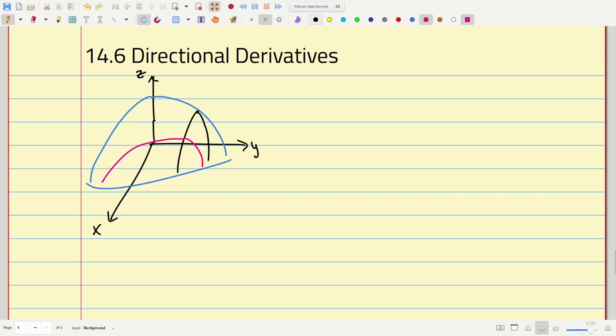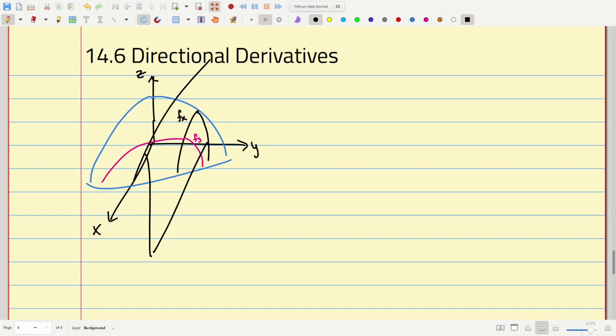And we talked about the idea of partial derivatives associated with these directions, right? So I had a plane that I cut through that's parallel to the y-axis, and that plane generated that level curve on the surface. And I did the same thing in the x direction.